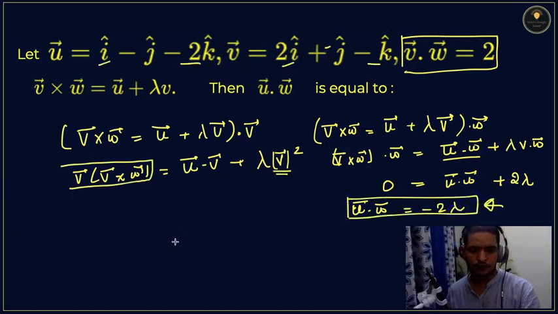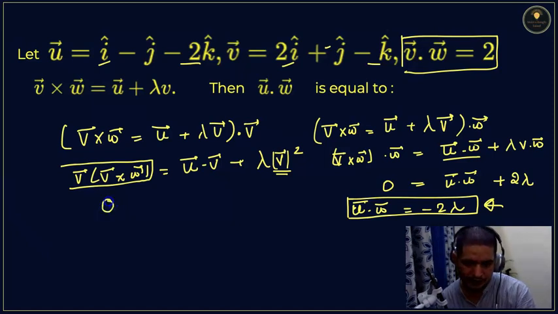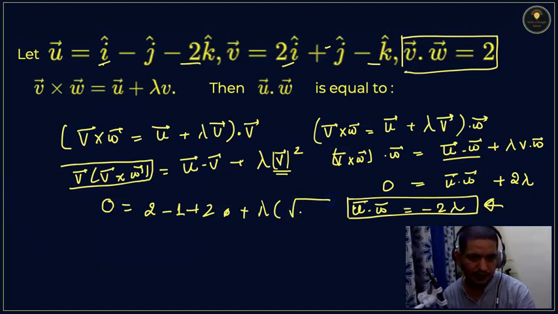Now the other one is also equal to 0, so v dot u is 2, minus 1 plus 1, that is minus 1, minus 2 minus 1, that is plus 2, giving 2 plus 2, 4 minus 1, that is 3, plus lambda times the root of 4 plus 1 plus 1 whole square, and that value becomes 6 lambda.